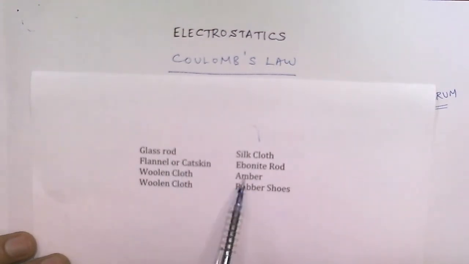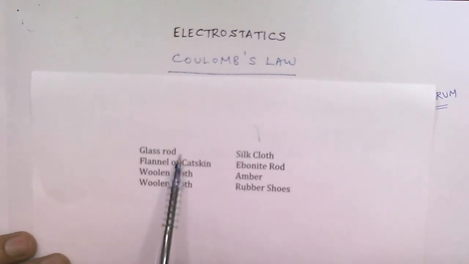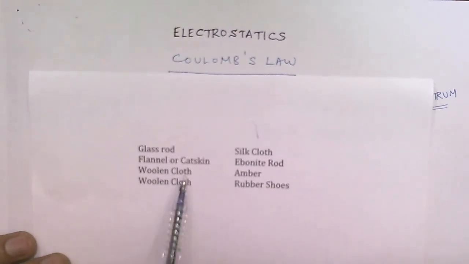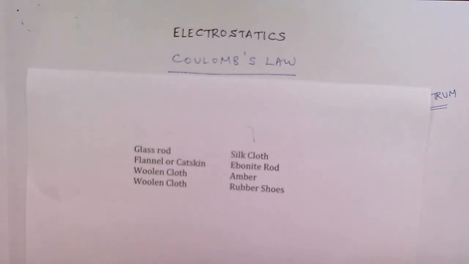So does it attract amber, and the glass rod also attracts the ebonite rod. Similarly, the woolen cloth would attract all these items, and the ebonite rod would attract all these items, which led researchers like Dr. Gilbert to believe, quite correctly so, that the charges on these items was different from the charge on these items.